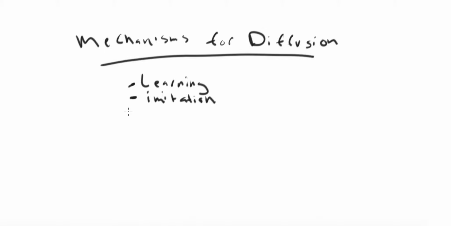Then there's also competition. This is one that gets pointed to by policymakers quite a bit. Let's see if I can. I'm getting better at this pen, but not great. So that says competition.